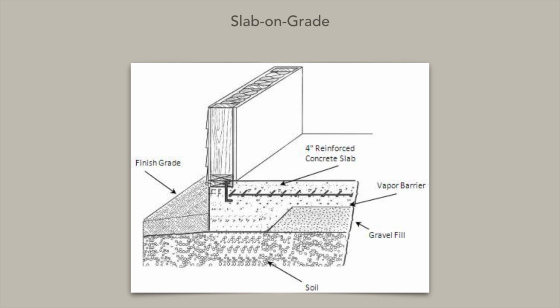In some slab foundations, insulation is used under the floor to prevent heat loss and reduce energy costs, in addition to reducing the depth of frost penetration. Anchor bolts are installed in the concrete along the outside perimeter of the pad to secure the lower plate of the wall.